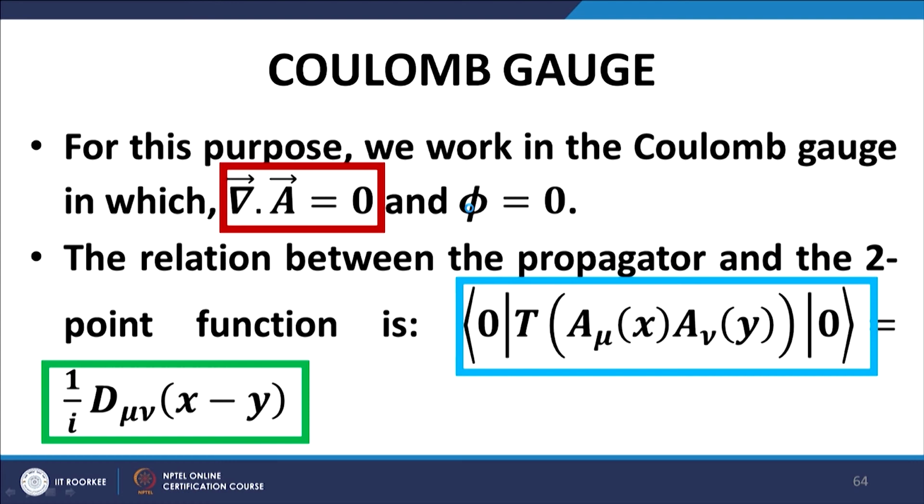This is the 2-point time ordered product of the field variables. Remember, in the electromagnetic field, the A's are taken as the field variables. So the expression in the blue box is the time ordered product of the field variables, and on the right hand side we have the expression for the propagator.